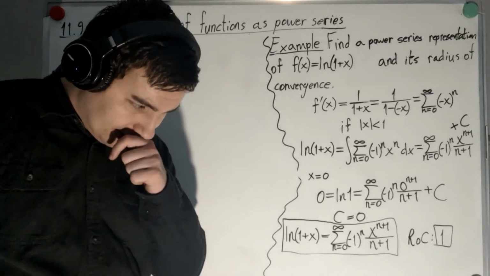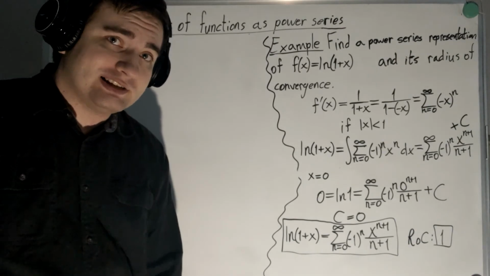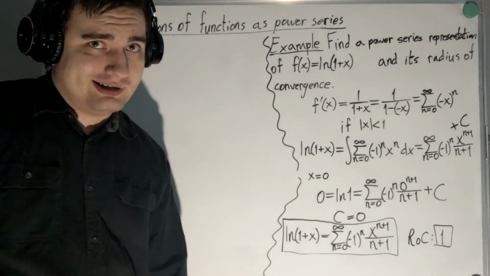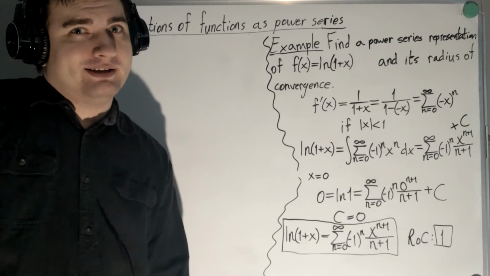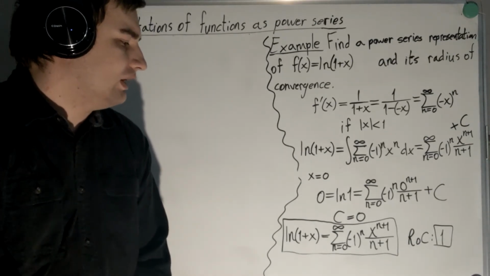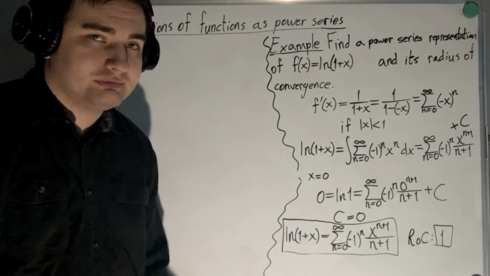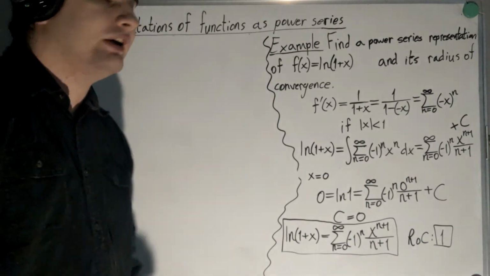If it passes the alternating series test, then you can apply the alternating series estimation theorem to approximate its values. This means that we can sometimes approximate values of weird functions using the alternating series estimation theorem. Let's see how that's done.